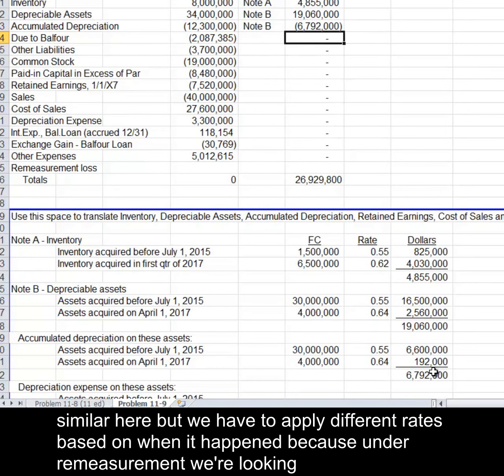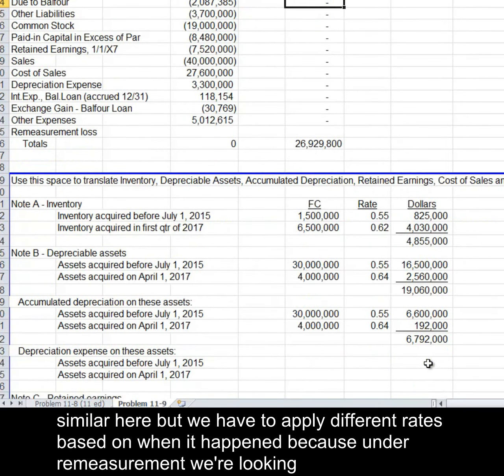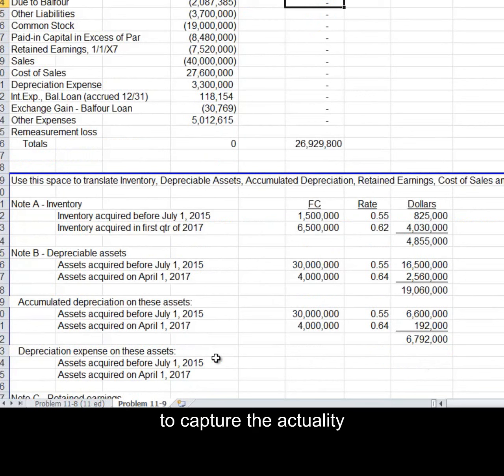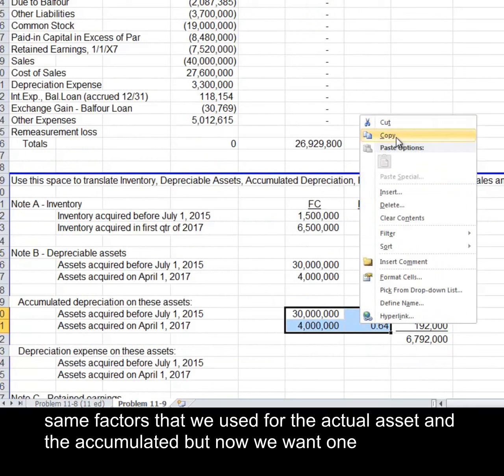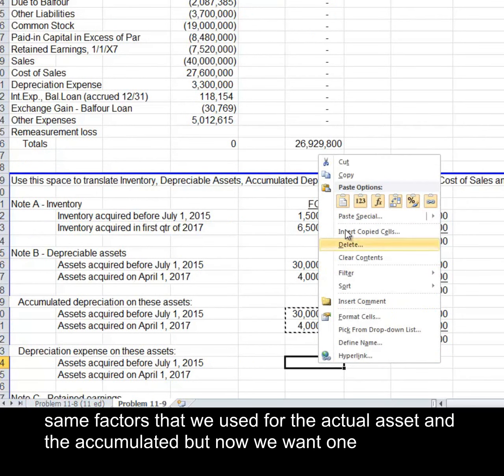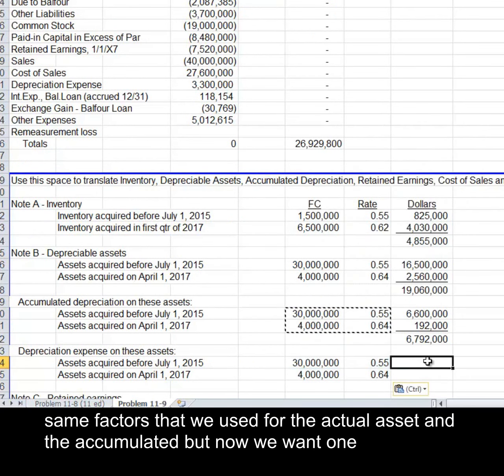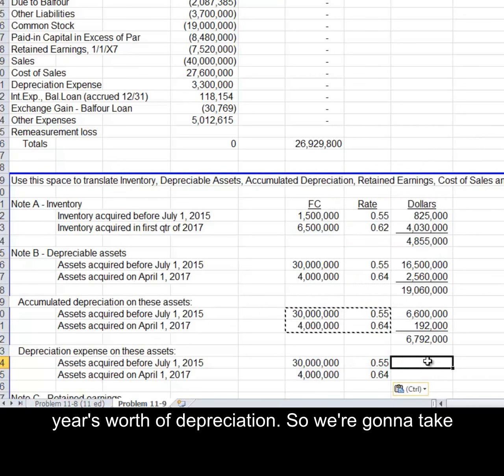So hopefully you're starting to see very similar, but we have to apply different rates based on when it happened because under remeasurement we're looking to capture the actuality of what occurred. Now for this year's expense, we take the same consideration. Same factors that we used for the actual asset and the accumulated, but now we want 1 year's worth of depreciation.